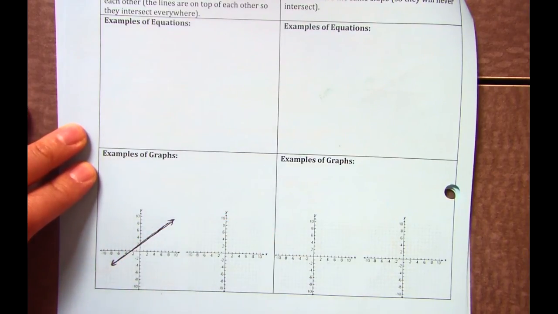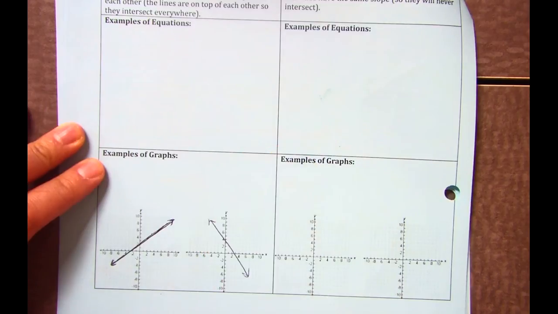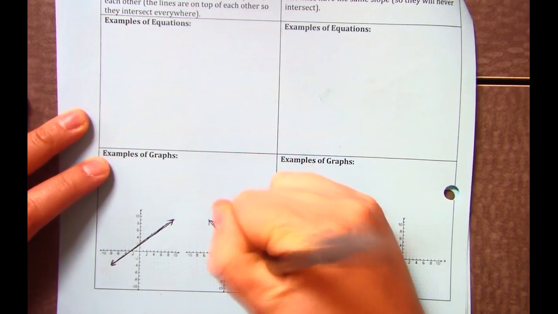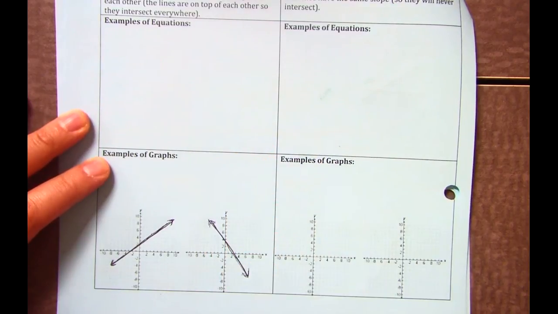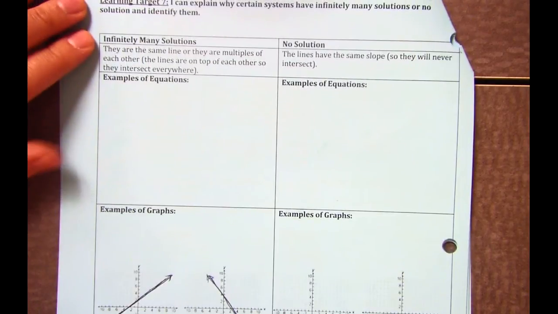So really these lines intersect everywhere because they're the same line. Over here, let's say we have one line, and here's the other one right on top of it. Whenever there are two lines right on top of each other, that means they're intersecting infinitely many times. So there are infinitely many solutions.